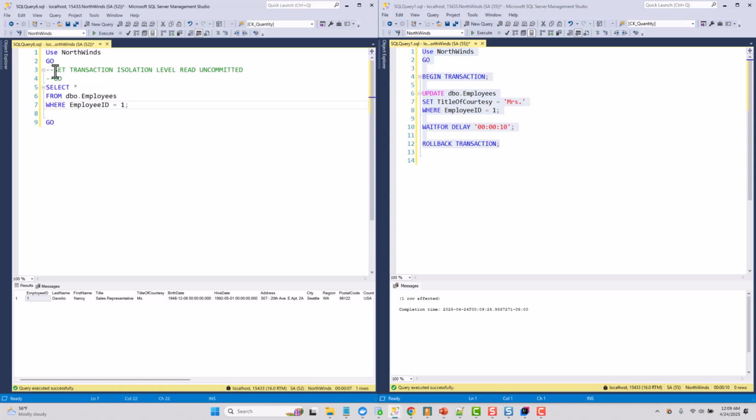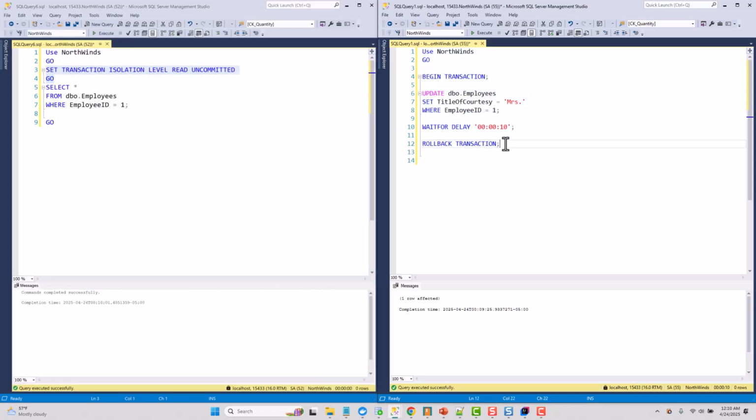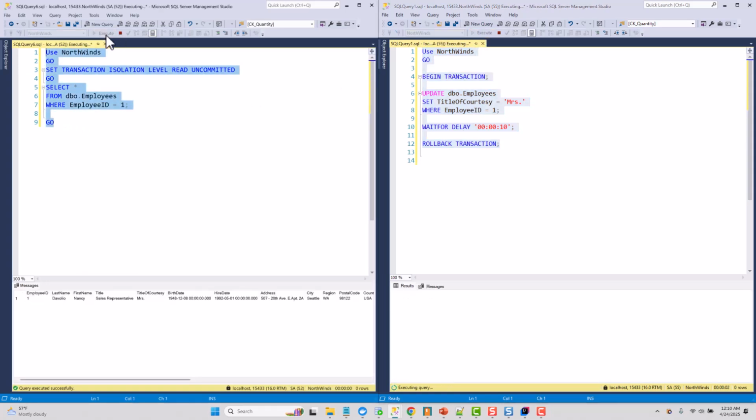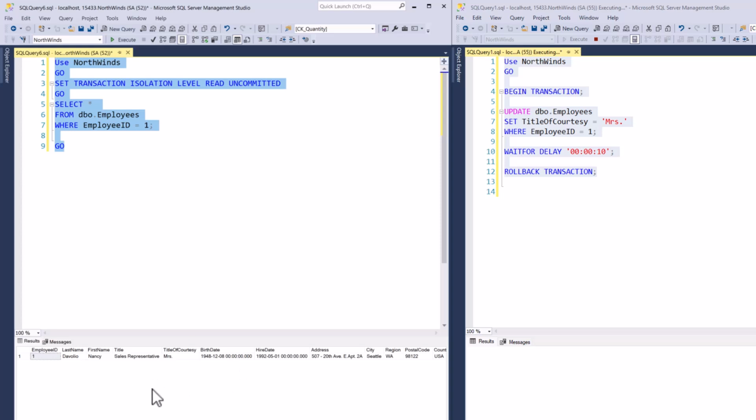Now, if I change this to be the set transaction isolation level read uncommitted, let's go ahead and execute that. Now if I go ahead and start this transaction again and go in here and run this, notice that it's coming back immediately.